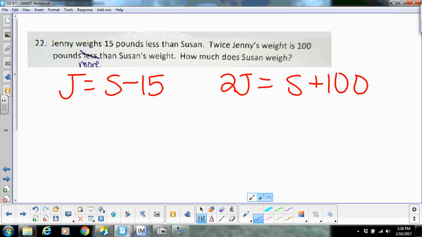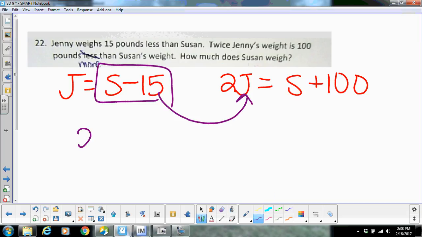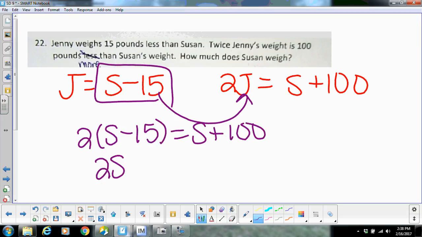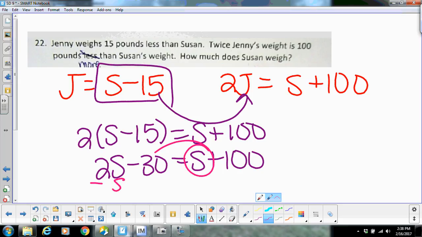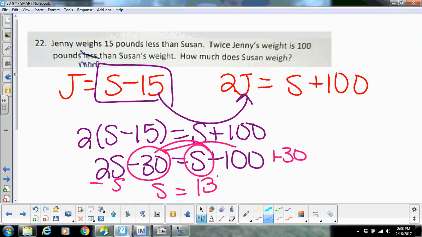Okay, so basically I'm going to put this in for J. So 2 times (S minus 15) equals S plus 100. And now it's variables on both sides of the equation. So Susan is 130 pounds. If it had asked you to find Jenny, you would have to do 130 minus 15.